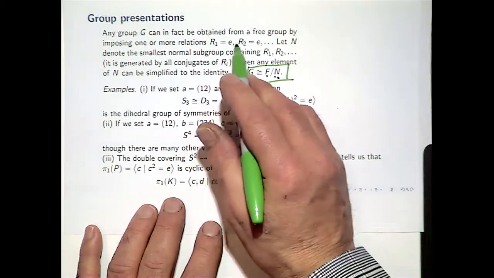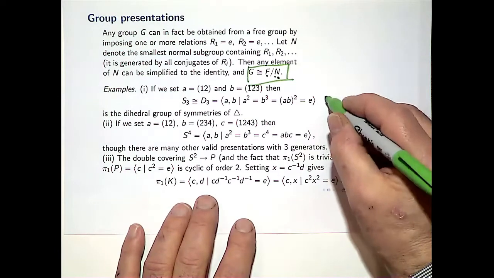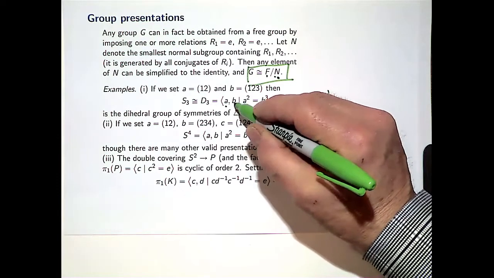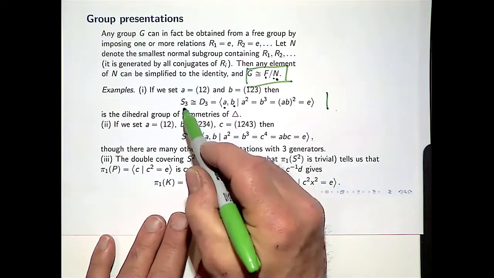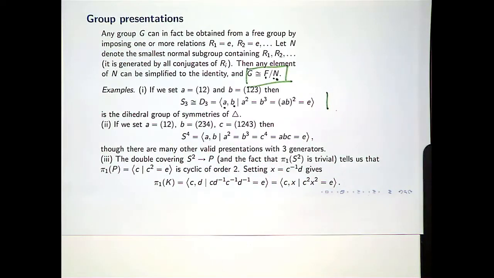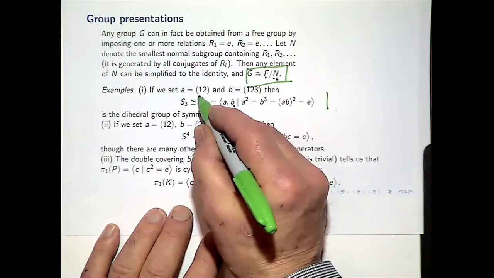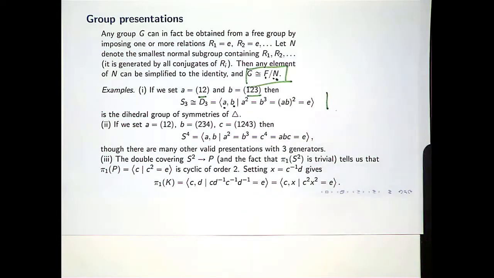Really that's the same thing, saying that you've got these generators, and for a free group there would be no further relations, but in practice for other groups there will be relations. So for example, the simplest non-abelian group you can write with two generators. S3 is the set of permutations of three numbers. It's generated by a 2-cycle and a 3-cycle, and you can get everything else from those two elements.